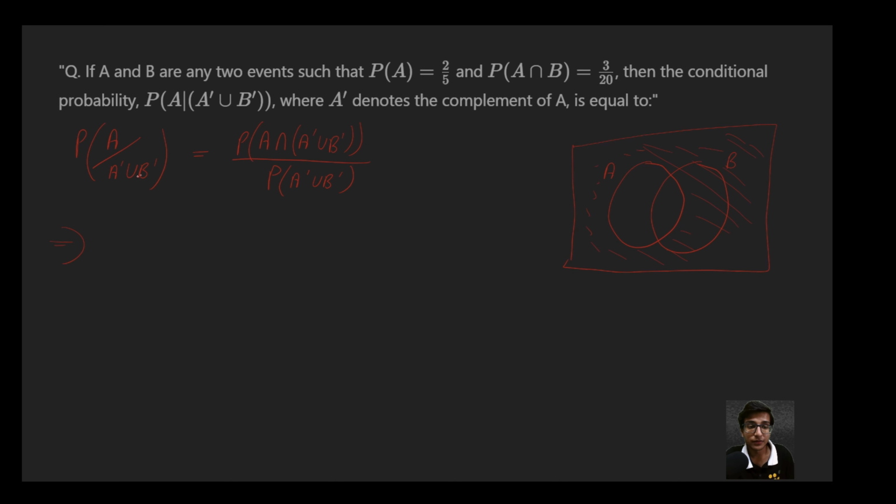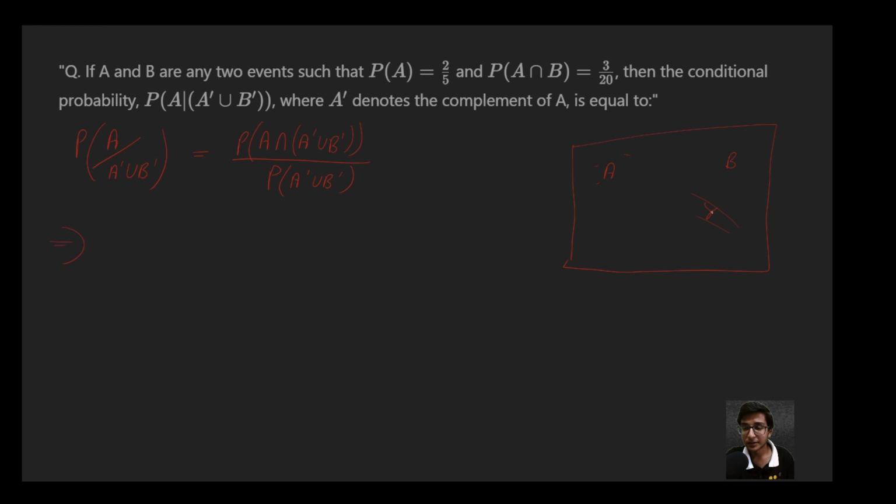And now they have told us that it is union with B complement. So what is B complement? Again, it is everything. So basically our A complement union B complement is the entire universal space that we are talking about. So that is how we can visualize this A complement union B complement.